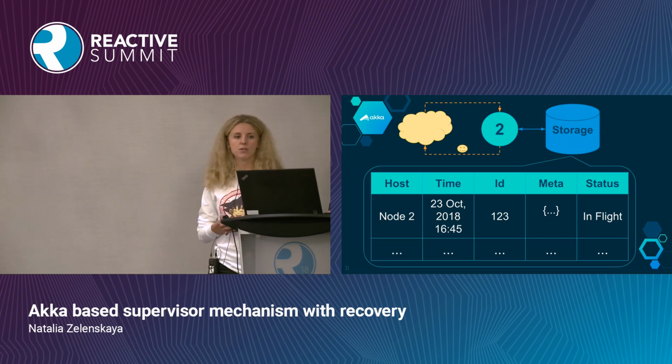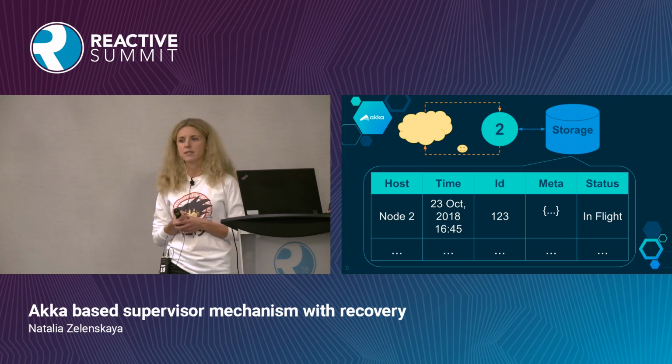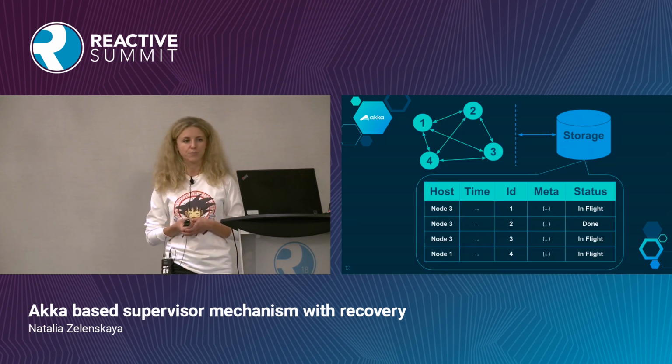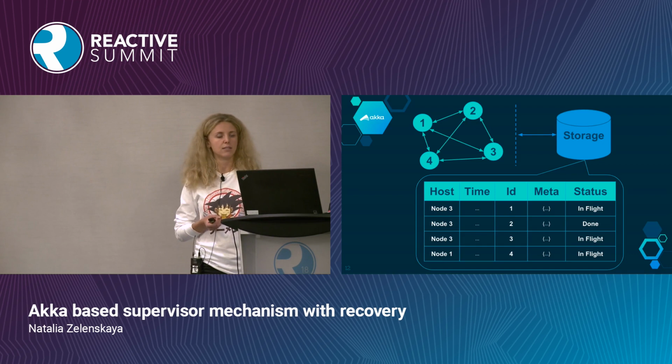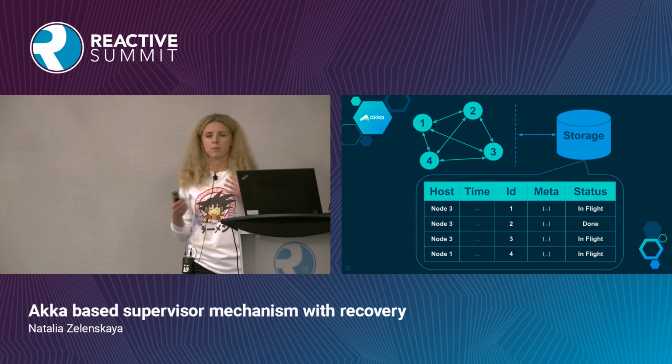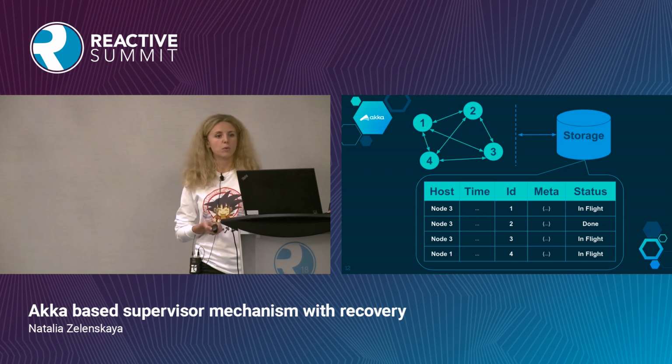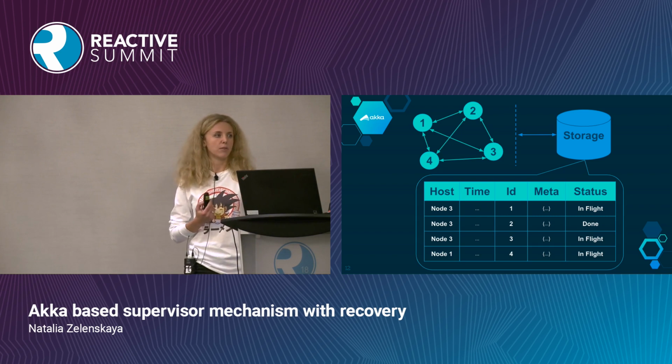So let's see how recovery points are going to help us with the recovery of a node. If we go back to our cluster, we can see that, for example, storage already contains some recovery points in its tables. In this example, we can see that there are 2 records located on node number 3 that are still in progress and still under supervision.